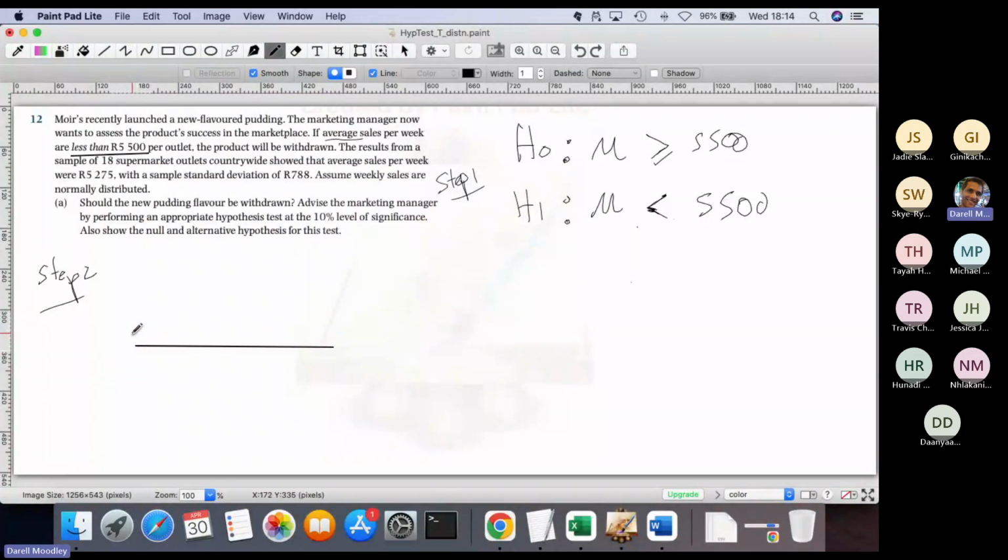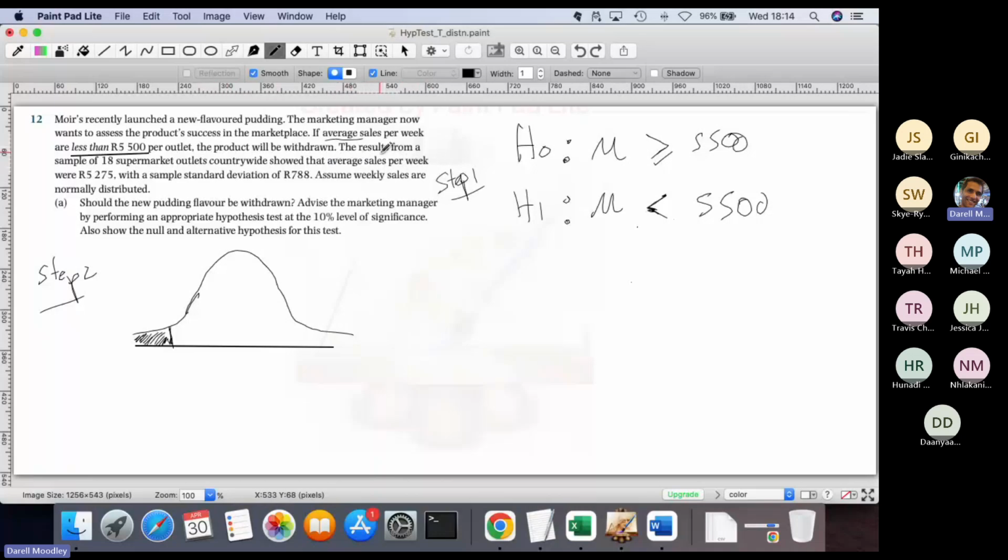If I draw this curve, best I can, I'm going to shade this region here as our rejection region. So I know it's a lower tail test and that the rejection region is on the left.